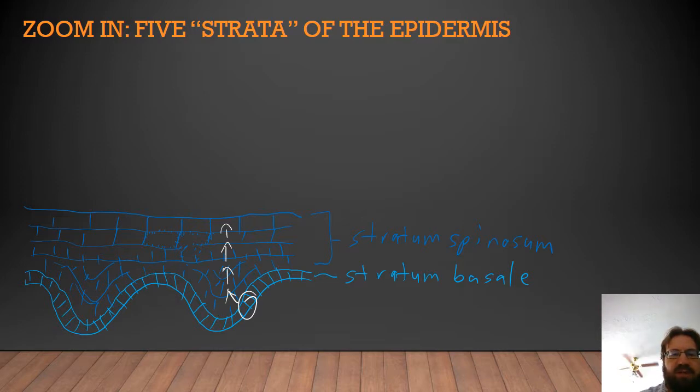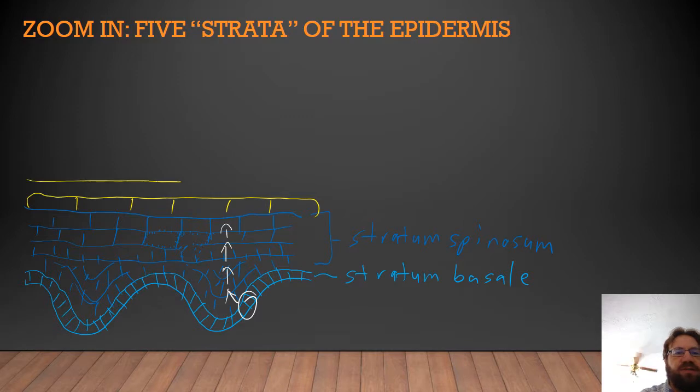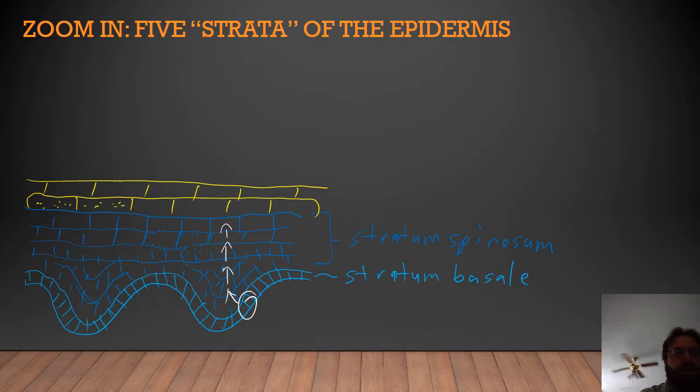At this point, then, we start making a change, and we start seeing layers of big, wide, brick-like cells that are starting to fill with keratin, not just at the edges like the spinosum cells, but really all through these cells we'll notice accumulations of keratin.